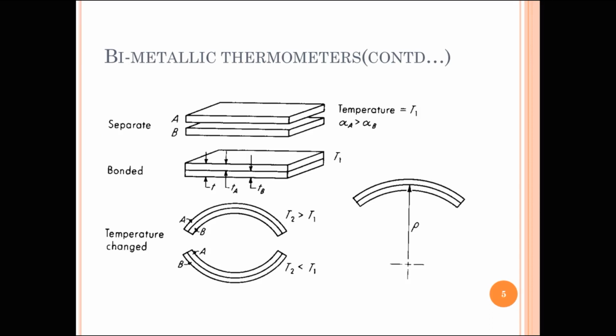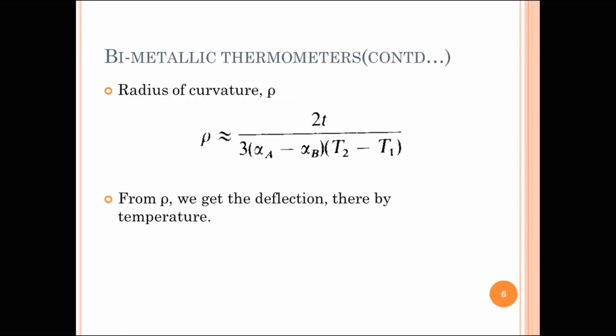Due to different values of alpha, these metals will deflect in different manners. If the alpha value of A is greater than that of B, more deflection will occur for metal A. Then a circular arc will be formed as shown in this figure. From this, we get the radius of curvature, thereby the deflection, hence the temperature.